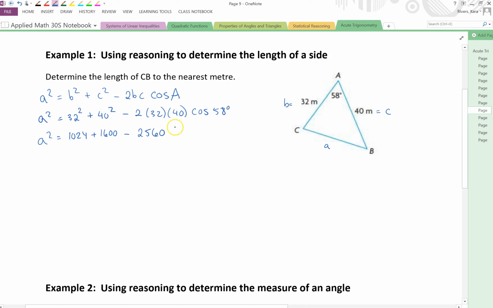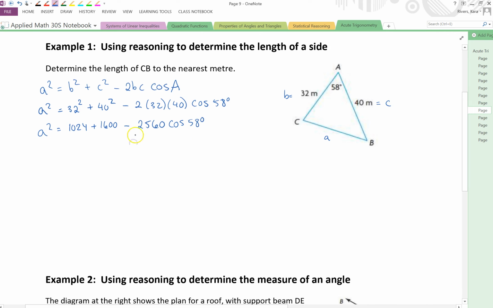But that's still attached to the cos 58 degrees. So don't forget that that's all one number, all glued together. So we can simplify this piece here, because those are like terms, right? They're just adding, so we can add those together. But you can't include this because it's attached to the cos 58 degrees. That's a common mistake that students make.